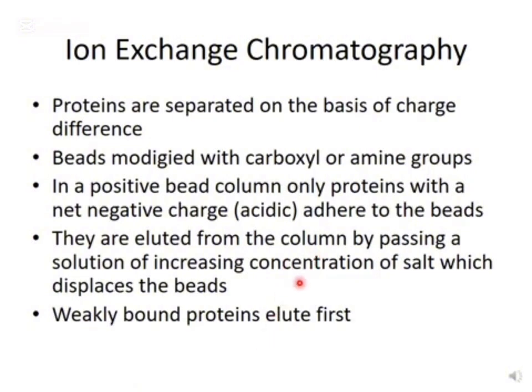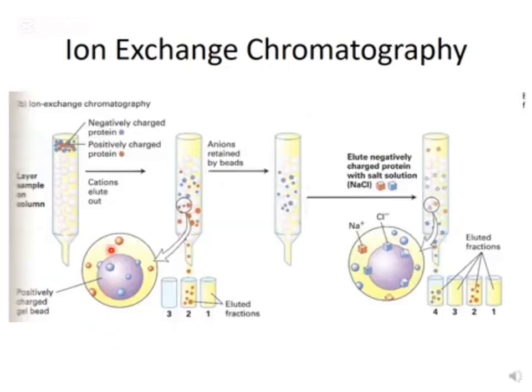So in this case, the first proteins to be eluted are the ones that are the weakest. So in the case of a positive column, the most positive proteins are the weakest bond, while the strongest bond is the most negative.